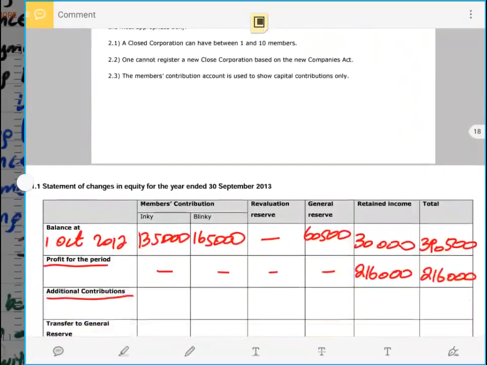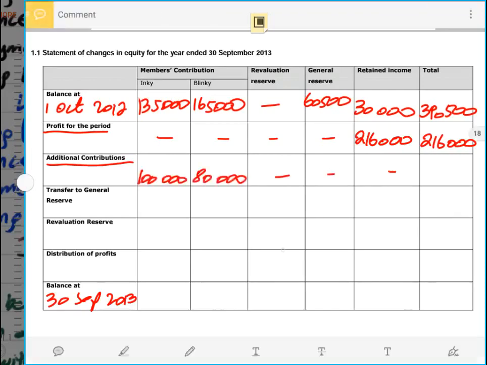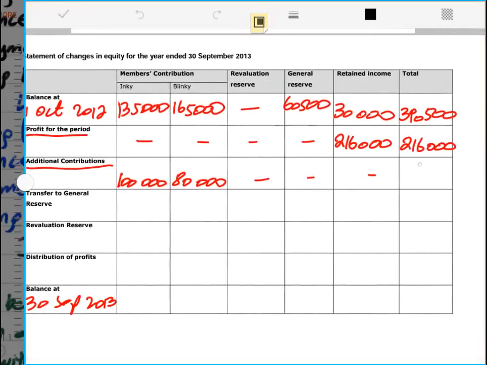So now we have 100,000 rands of the contribution and 80,000 rands of the contribution by Blinky. So now we record those two. Remember, capital contribution affects no other total except the one of the contribution, and the total will be 180,000 rands.